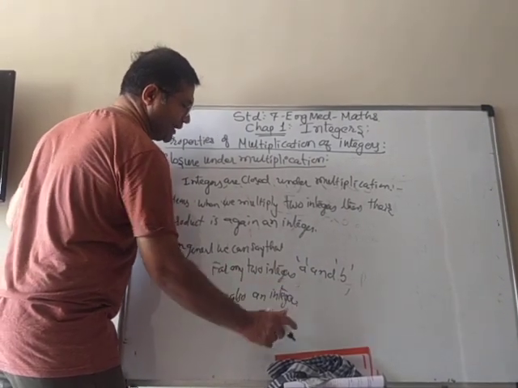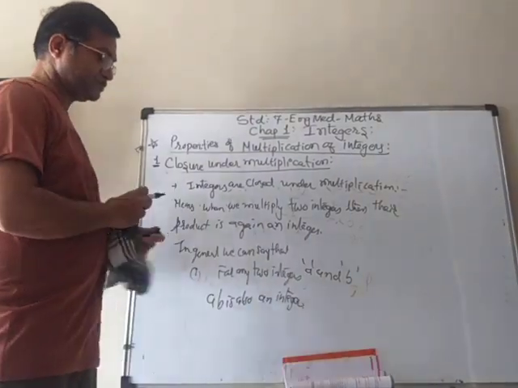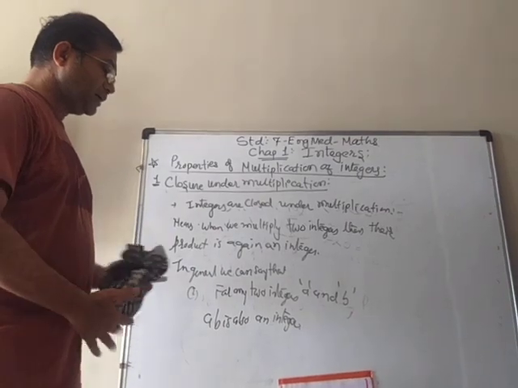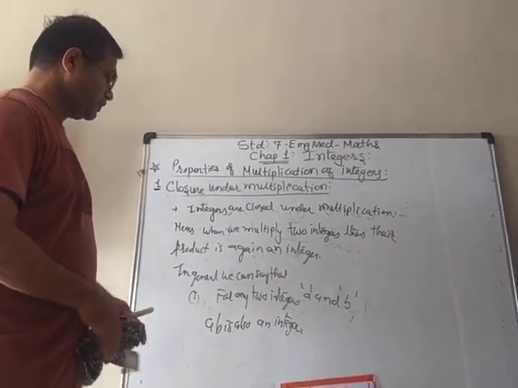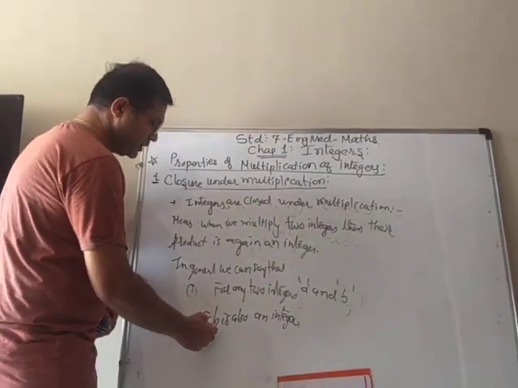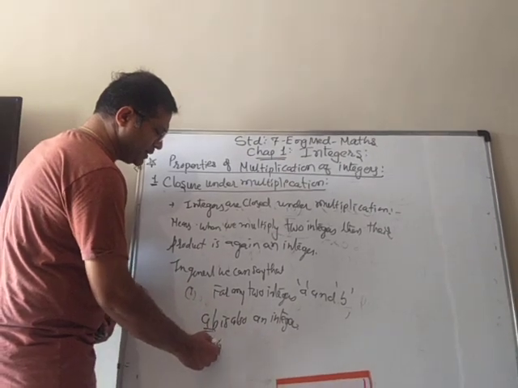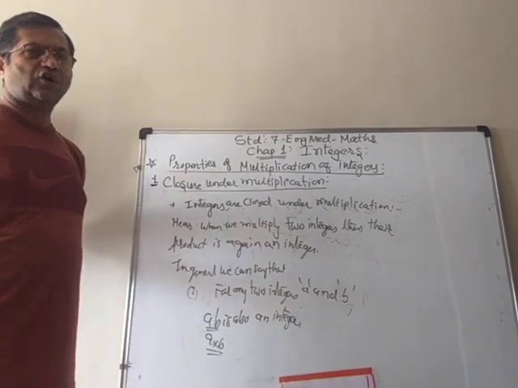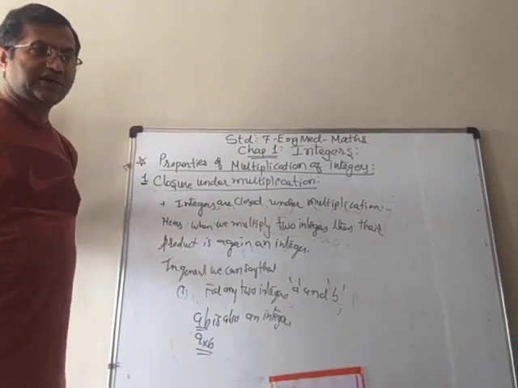So when you multiply any two integers, the product is also an integer. Here AB means A multiplied by B. So if you put the multiplication sign or you don't put it, it's the same thing.